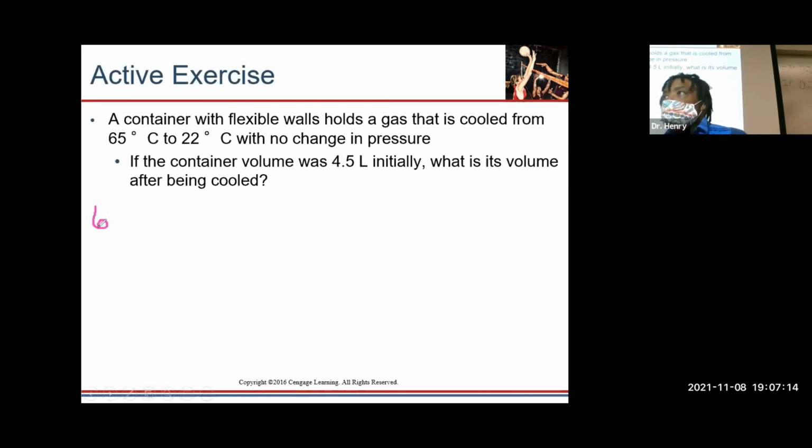You guys remember? Okay. So 273.15. That's where you get the 1 from. It's going to equal Kelvin. So 65 plus 273.